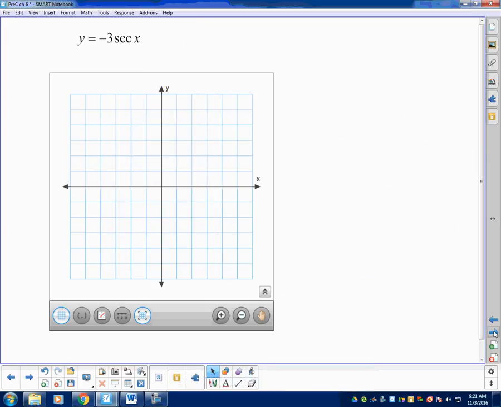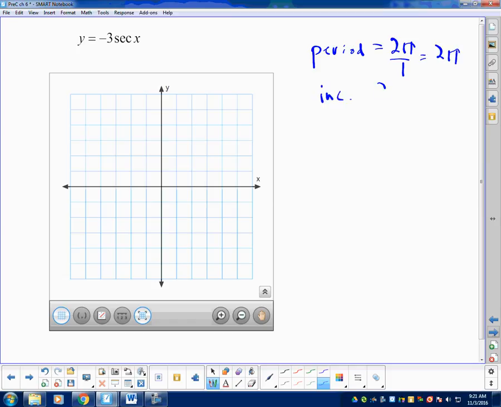-3 secant. The negative in front, so once again, the period is equal to 2 pi over 1, or 2 pi. So the increment is 2 pi over 4, or pi over 2. That's going to be my increment. The amplitude is equal to 3. So I should probably scale it by pi over 2. That would be a smart thing to do.